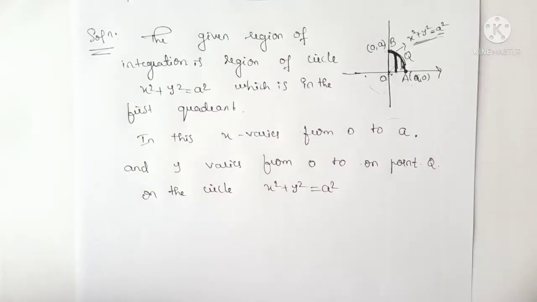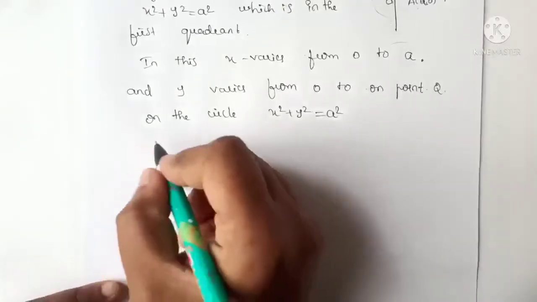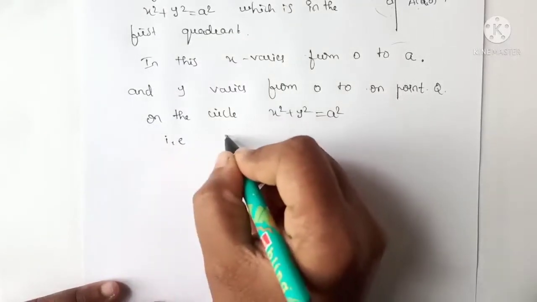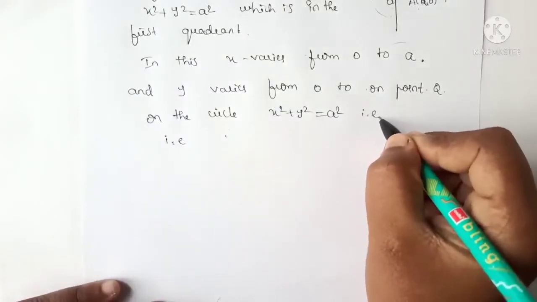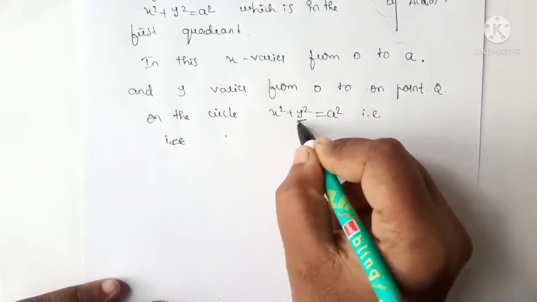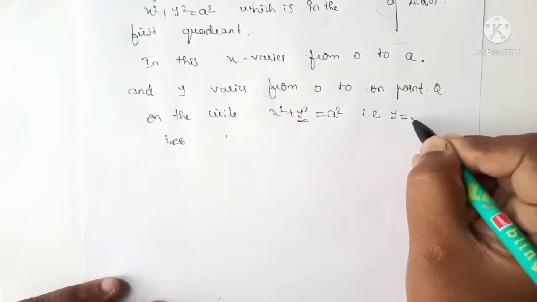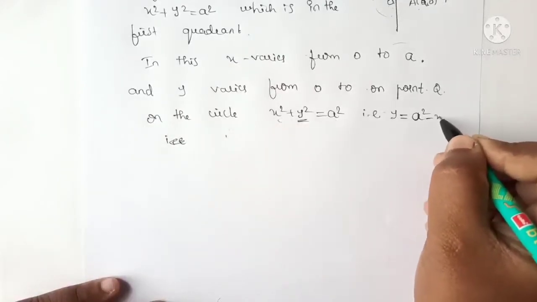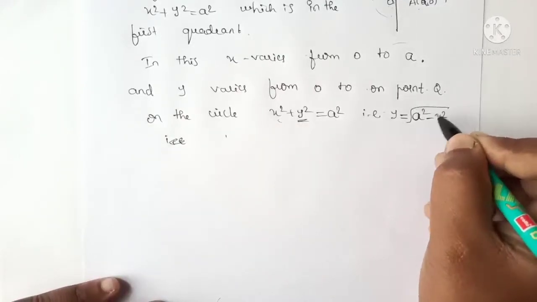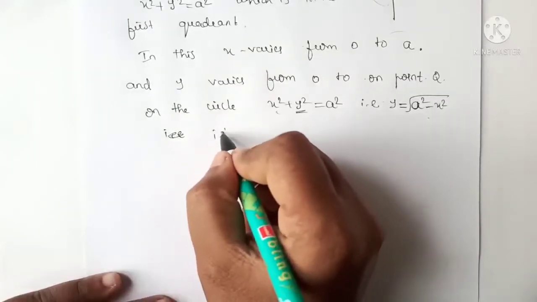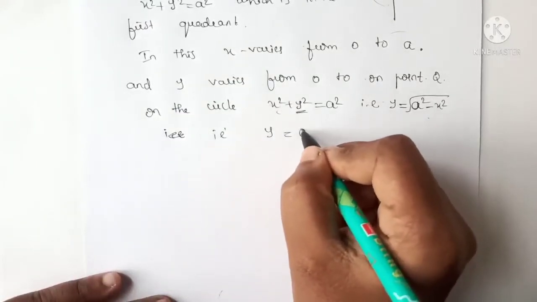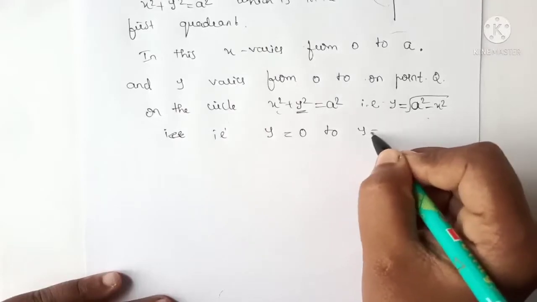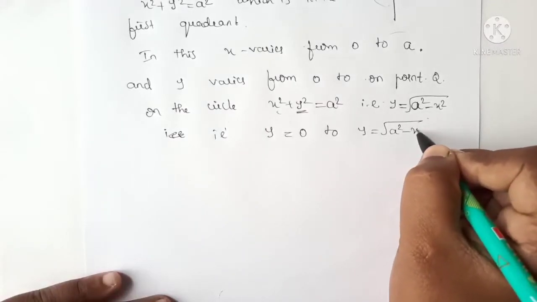Taking x square to the other side, y square is a square minus x square, so y varies from 0 to y is equal to square root of a square minus x square.